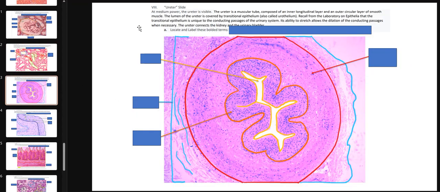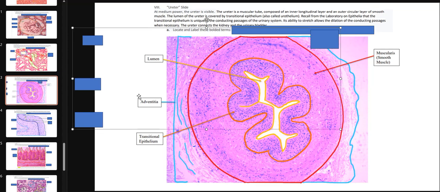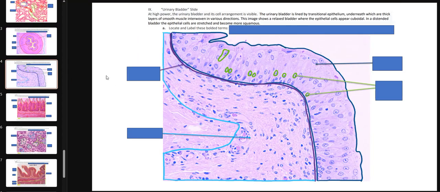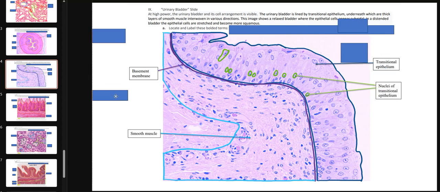Ureter slide, lumen, transitional epithelium, adventitia, muscularis, in parentheses, smooth muscle. Urinary bladder slide. We have transitional epithelium, nuclei of transitional epithelium, basement membrane, and smooth muscle.